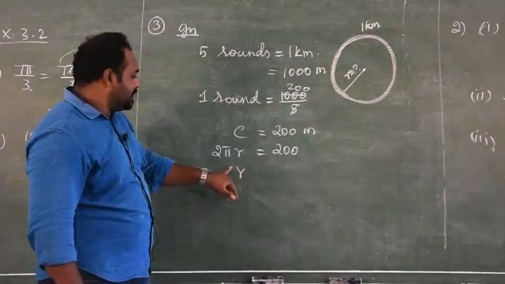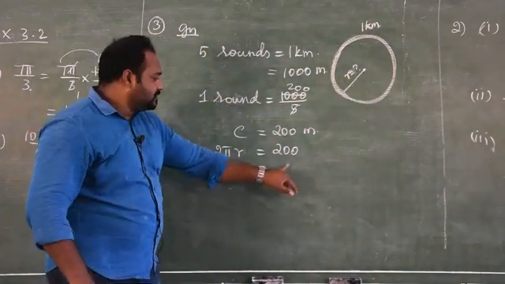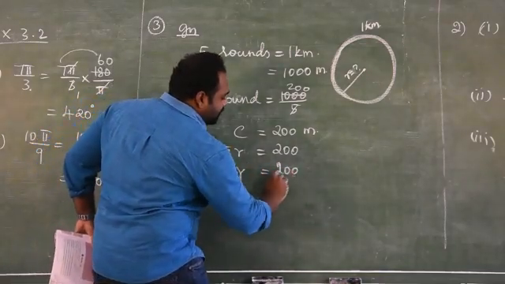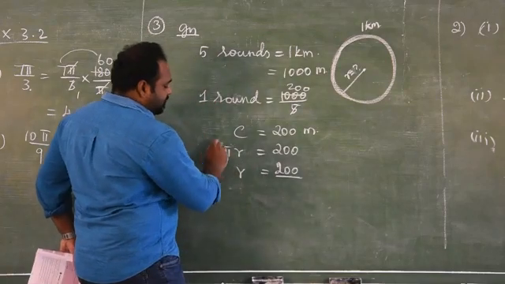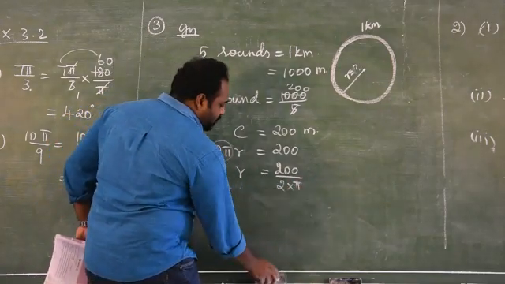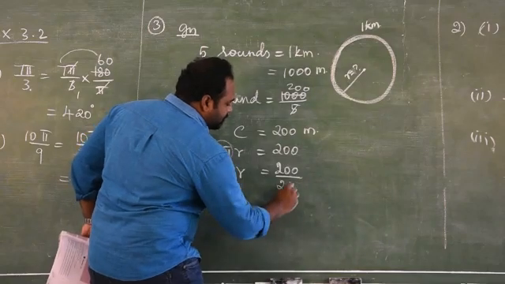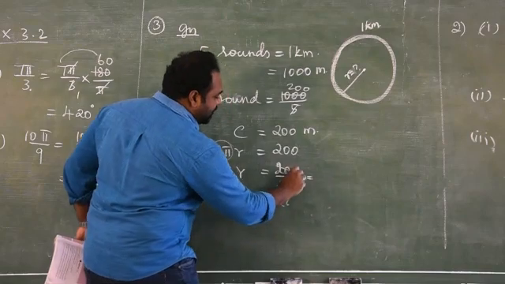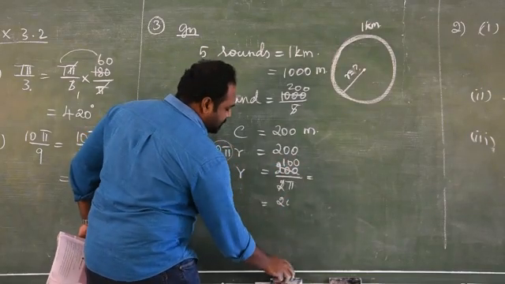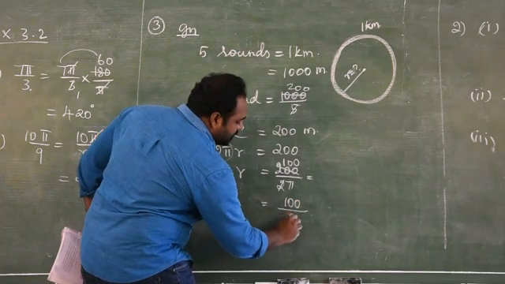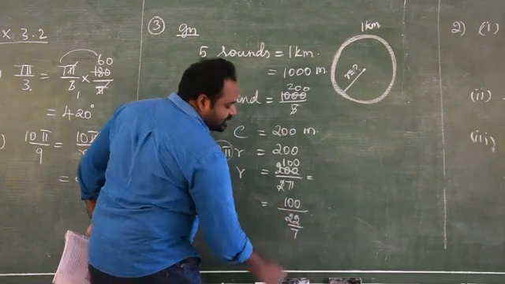So I am keeping r as it is and bringing these values to this side. So it will be 200 by 2 pi. It is multiplication, so if you carry it to this side, automatically it is division. So 200, we can have a cancellation, 100. So 100 divided by 22 by 7.